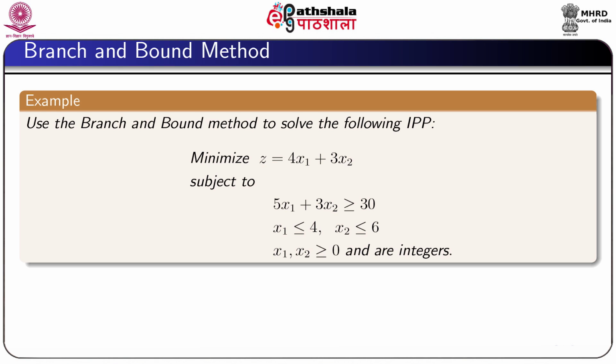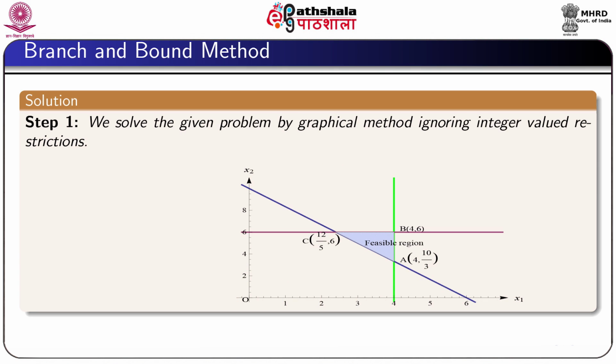That means this problem is an all integer programming problem. Let us solve this problem graphically ignoring the integer valued restrictions. The slide shows the feasible region for the problem.